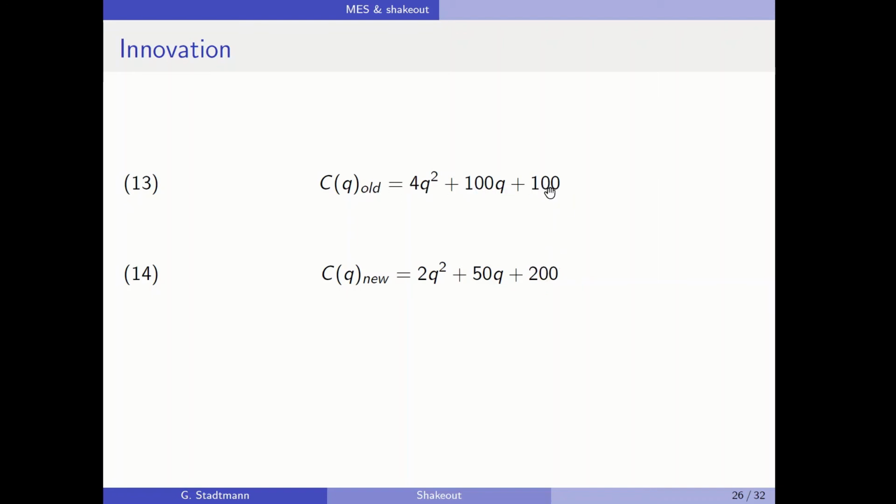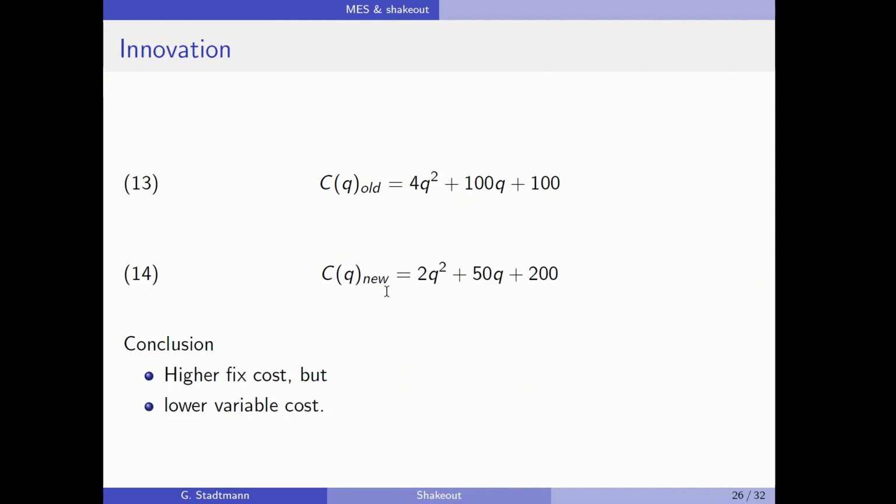Fixed cost increase from 100 to 200, but variable cost decrease from 4q squared plus 100q to 2q squared plus 50q. The conclusion is that this innovation leads to a different cost structure: there are higher fixed costs but lower variable costs.